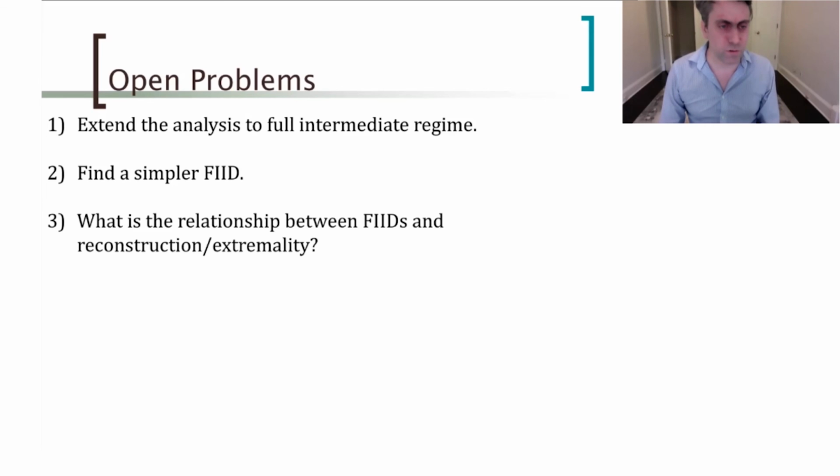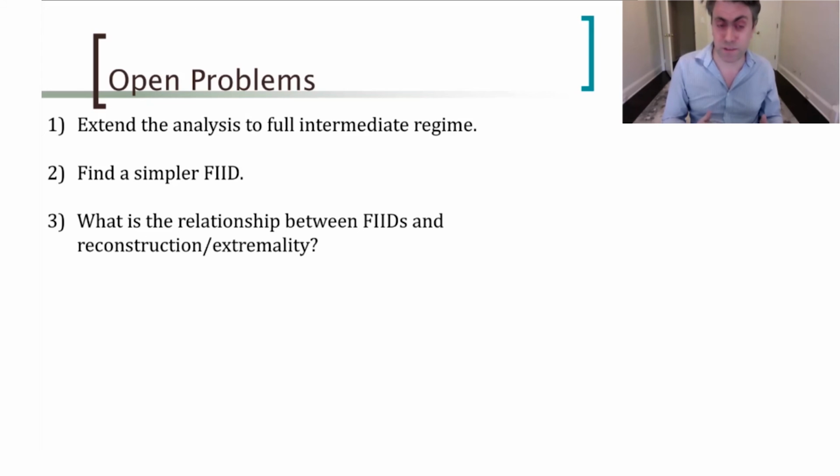A more fundamental question is to better understand the relationship between factors of IID and this reconstruction threshold. So it seems like, up to this constant factor that we're missing, we've established this relationship in the case of the Ising model, but it seems like it should occur in other models like coloring or the hardcore model.